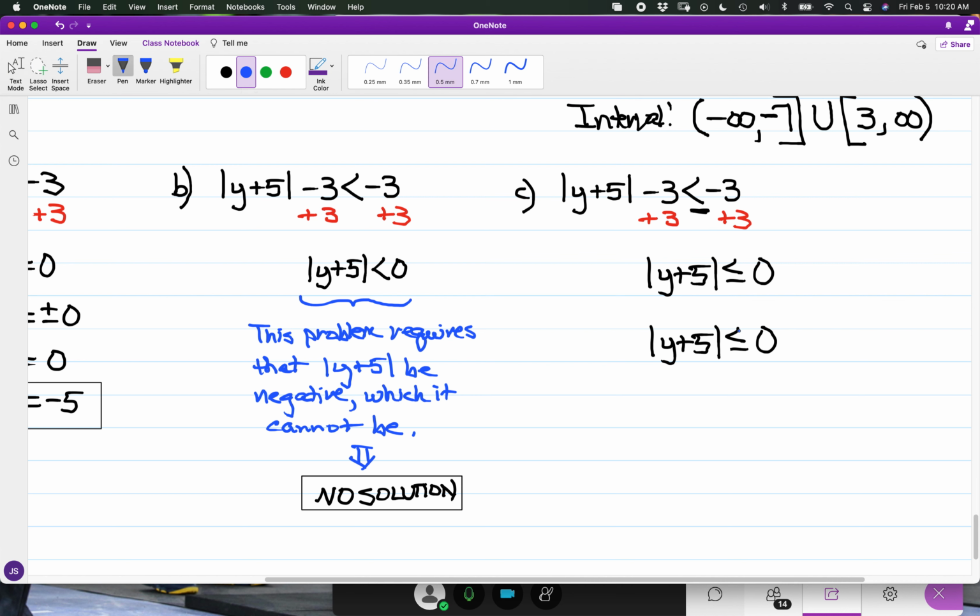Again, for the less than 0, that portion is not going to have a solution. But for this inequality, there's a bit of a saving grace, because even though the absolute value of y plus 5 cannot be less than 0, it can nonetheless be equal to 0.